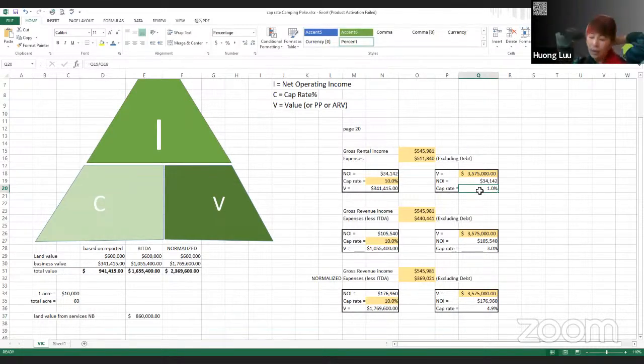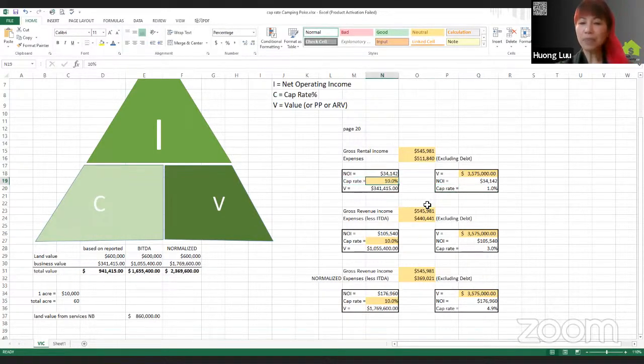The thing I want to say about cap rates is that because the inflation rate is at 7%, let's say, or 6.5, depending on how you look at it, you want your cap rate to be greater than the inflation rate. That's why looking at a business with a cap rate of 10% is a good idea, because it's higher than the inflation rate.